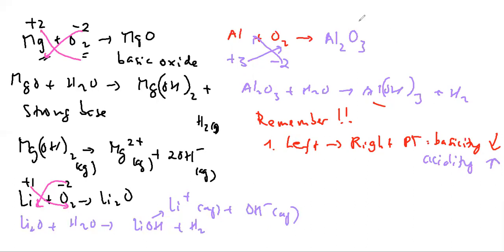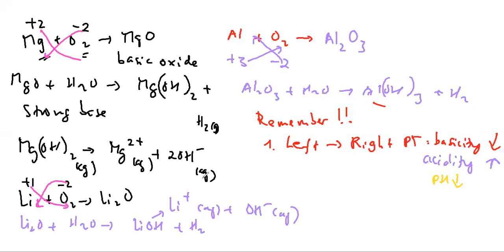If the acidity increases, it means that the pH is lower. So from left to right, it becomes more acidic.